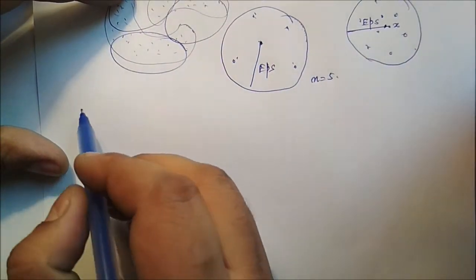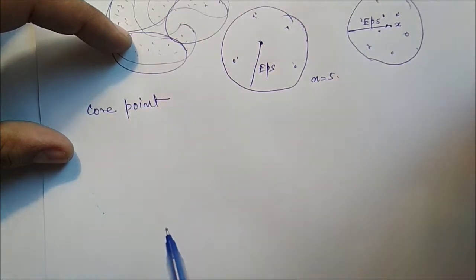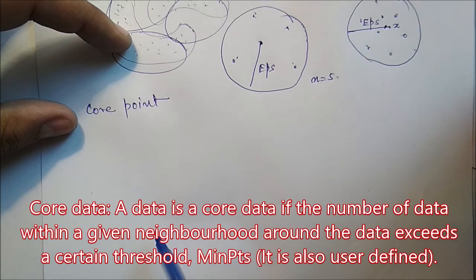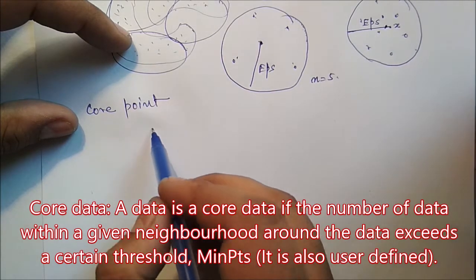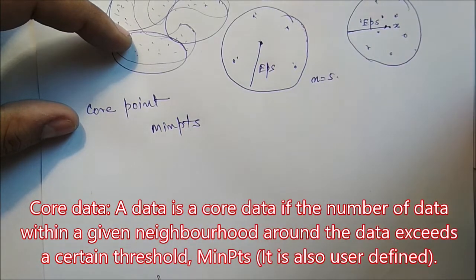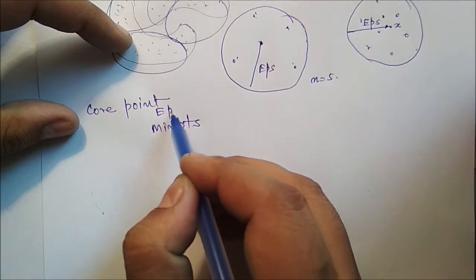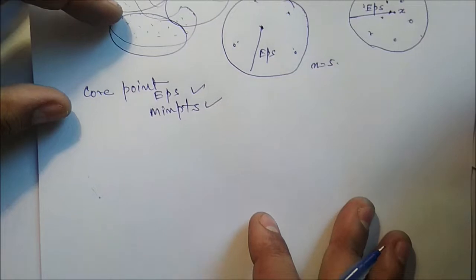Next is the core point. A point is a core point if the number of points within a given neighborhood around the point, as determined by the distance function and the user specified distance parameter EPS, exceeds a certain threshold, MinPts, which is also user specified. So EPS as well as MinPts are both user specified.